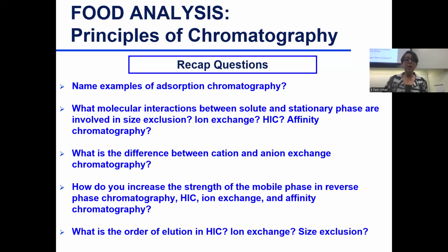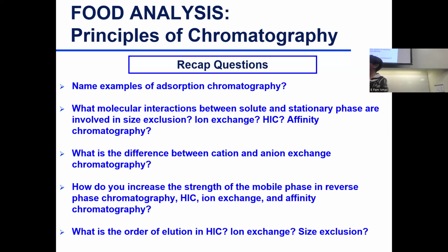Okay. What about ion exchange? How would you change the strength of the mobile phase? In ion exchange, you have a buffer. Think about a buffer system. How would you change the consistency of your buffer? By doing what? The pH.